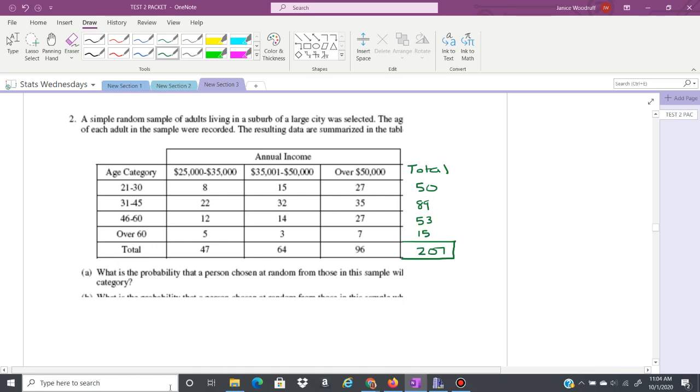Okay, so A, what is the probability that a person chosen at random from the sample will be in the 31 to 45 category? So P, I'm just going to put this down here, 31 to 45. Okay, so how many people were in the 31 to 45 age group?